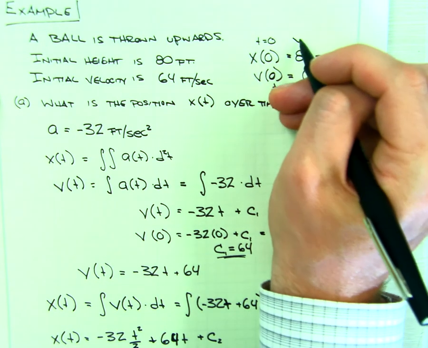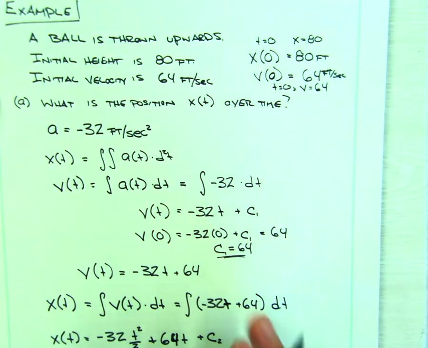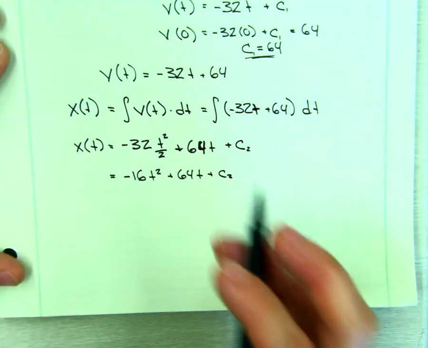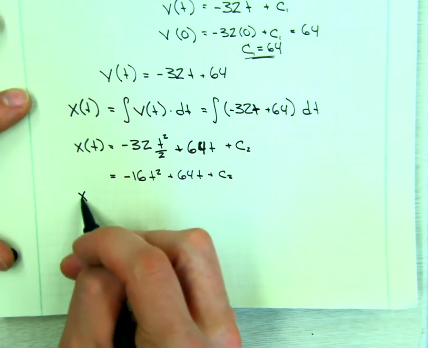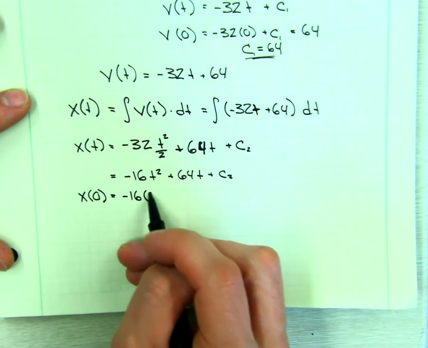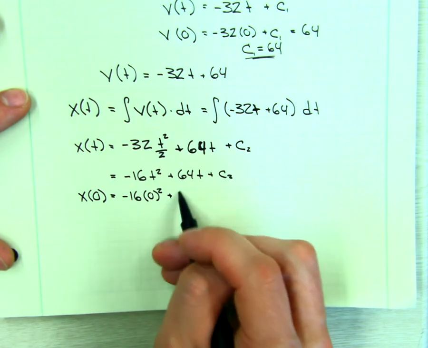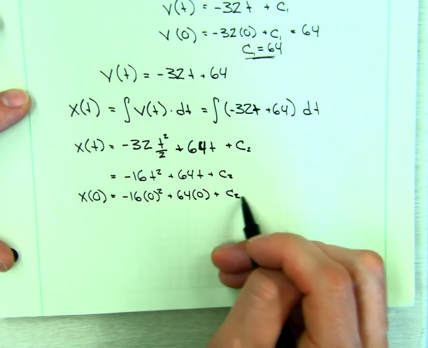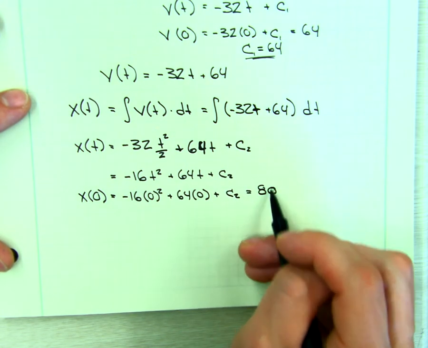So t is equal to 0, x is going to be equal to 80. So I'm going to use this information, plug it into the equation to figure out what c2 is. Okay, so I'm going to say x of 0 is equal to negative 16 times 0 squared plus 64 times 0 plus c2 is equal to 80.